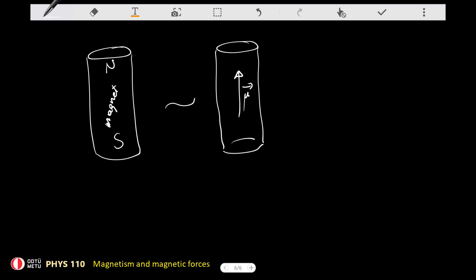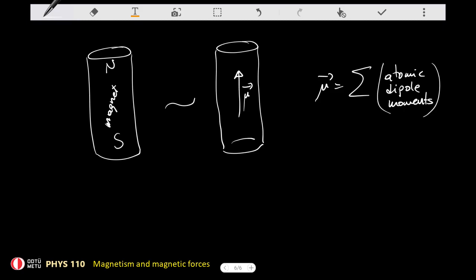This magnetic dipole moment is actually a sum over atomic dipole moments. All right, just think about it. By adding the atomic dipole moments, we get this large dipole moment, and we can describe the magnet as a macroscopic matter that has a total magnetic dipole moment which is non-zero.